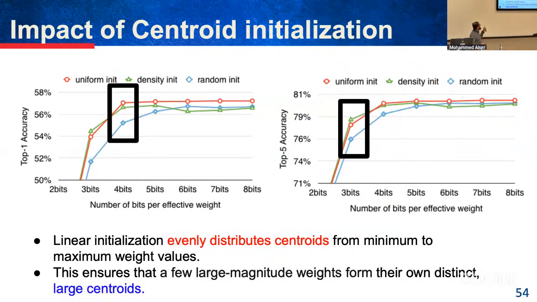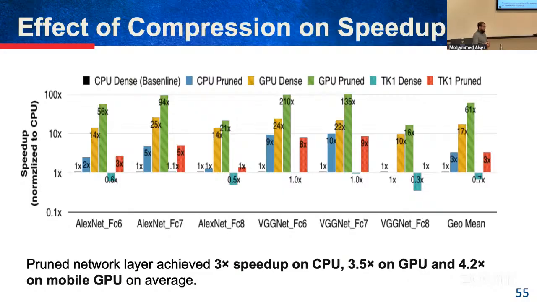The reason behind it is, if you do linear initialization, the centroids will be distributed from the minimum value to the large value. Large weights are the more important weights. That is the common idea.